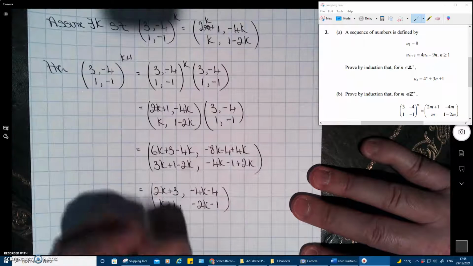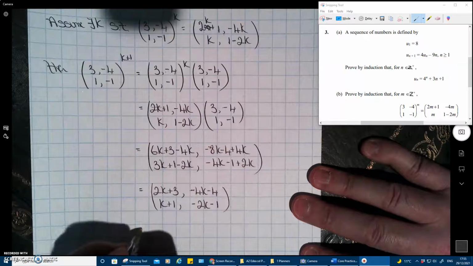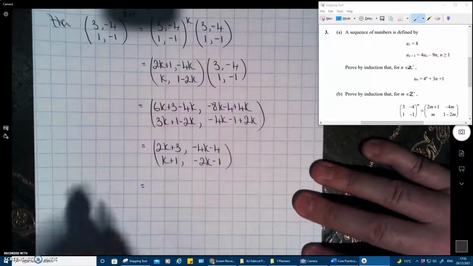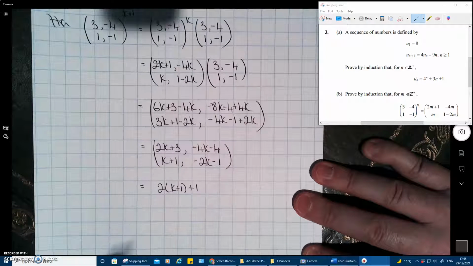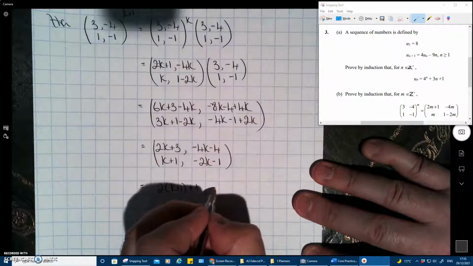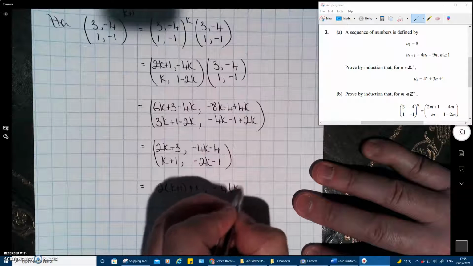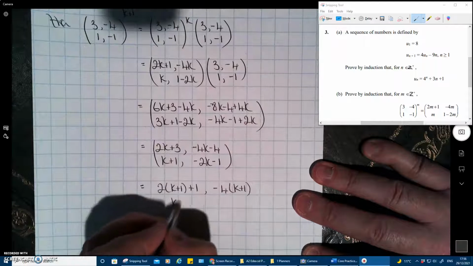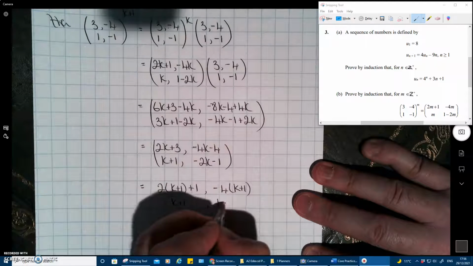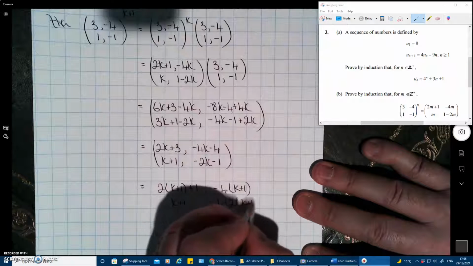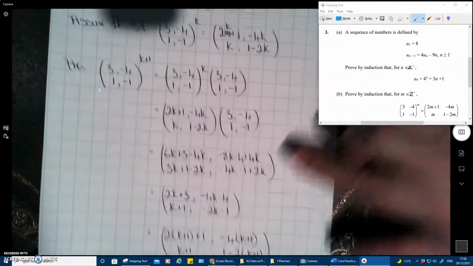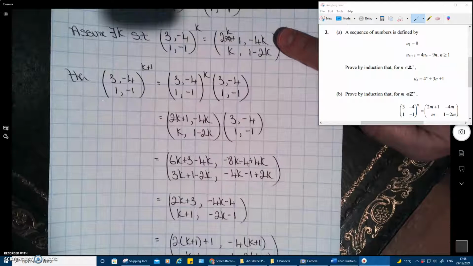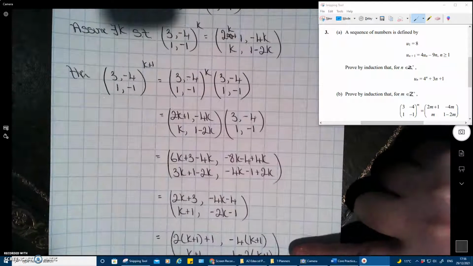Okay, so finally I just need to put it in the right format. So now I can write this equals 2k plus 1 plus 1, minus 4 lots of k plus 1, k plus 1, and 1 minus 2, k plus 1. Okay, so that is in the same format as this one up here, just all the k's have been replaced with a k plus 1.